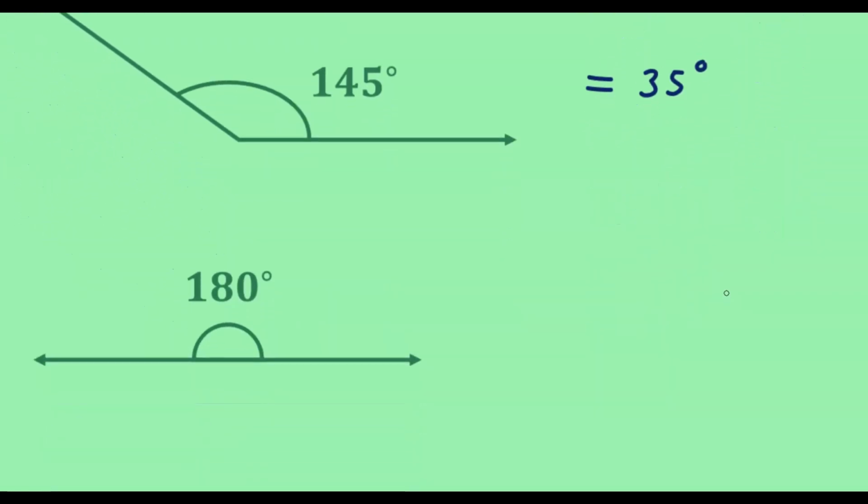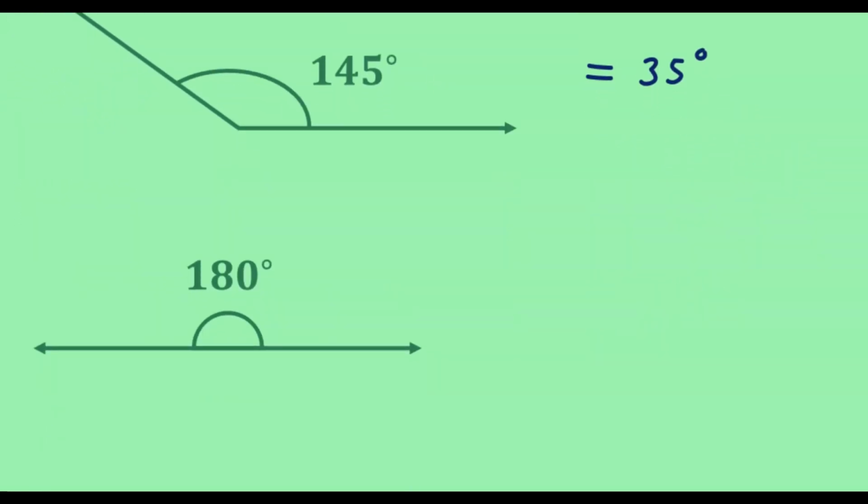Let us move on to the next one. The next angle is a 180-degree angle, and we want to find its supplement. So we subtract 180 degrees from 180 degrees, and we end up with 0 degrees. So the supplement of a 180-degree angle is 0 degrees.